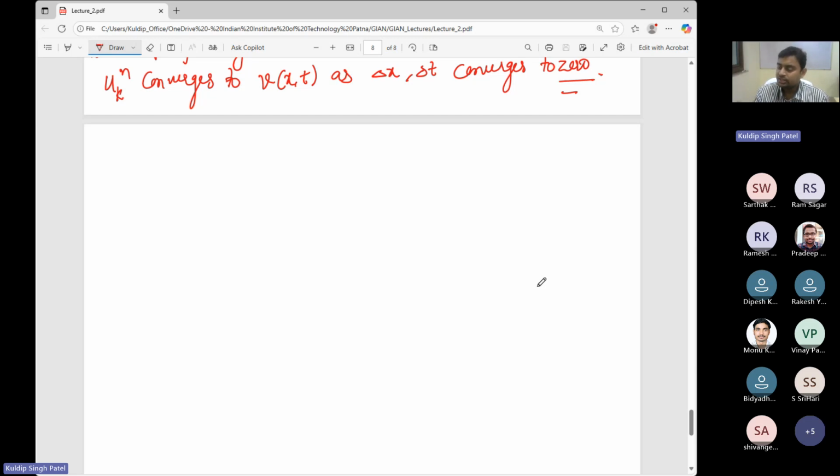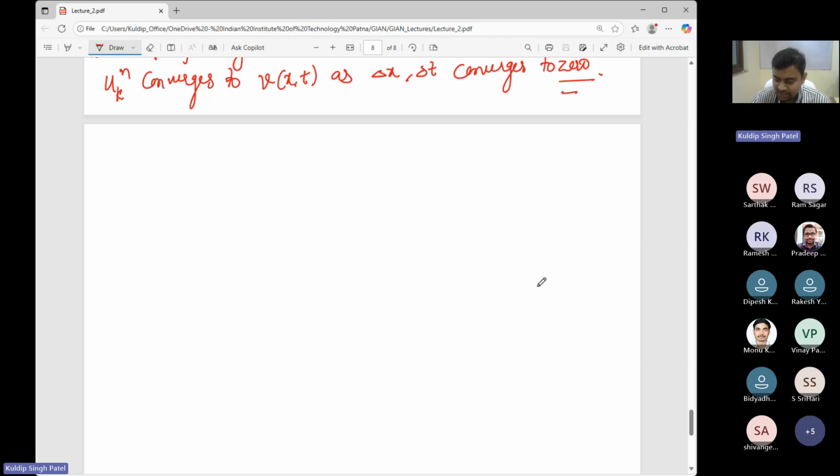Then it is of no use. Or the scheme is consistent but not stable. Then also it is not useful. Or we defined a scheme that is consistent and stable, but not convergent. Then also it is not useful. So in this way, it helps us choose the scheme for our problem from the variety of schemes. We can choose the best one, best suited for our problem.